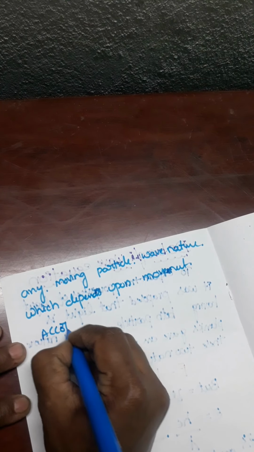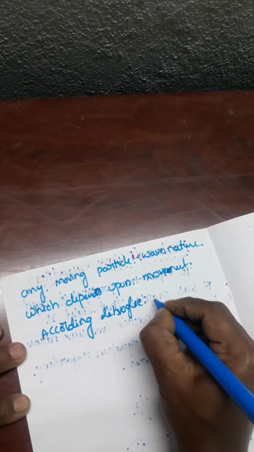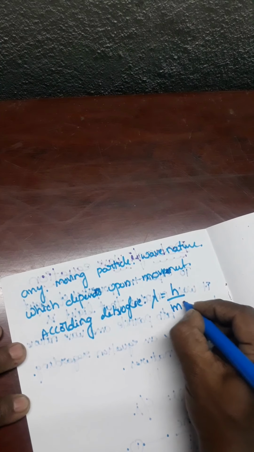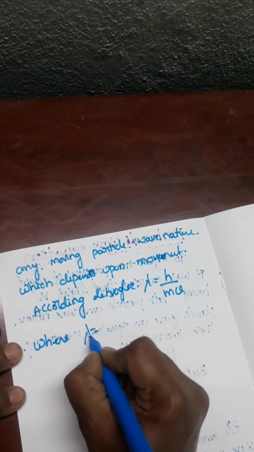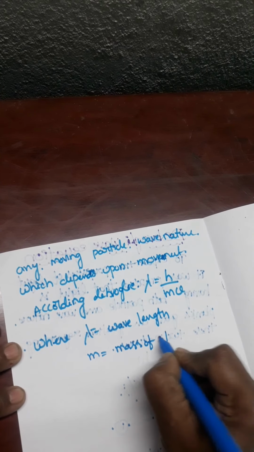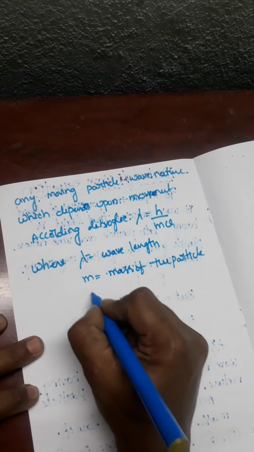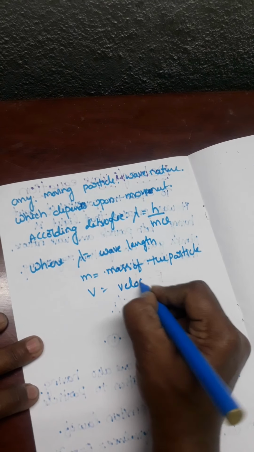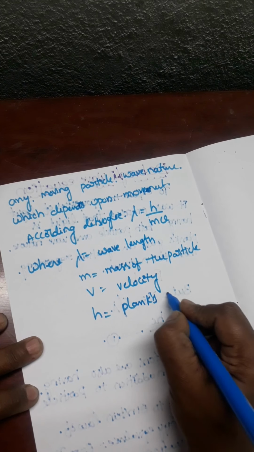According to de Broglie, lambda is equal to h by mv, where lambda is the wavelength, m is the mass of the particle, v is the velocity, and h is Planck's constant.